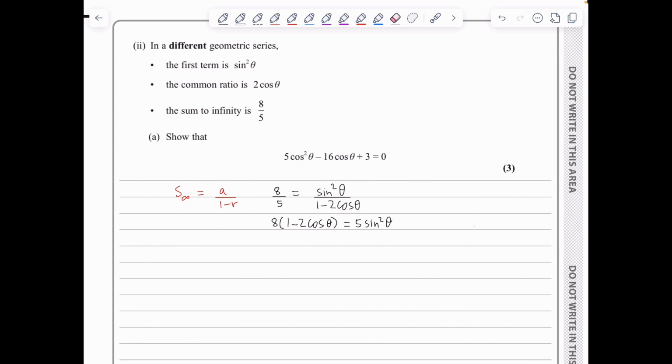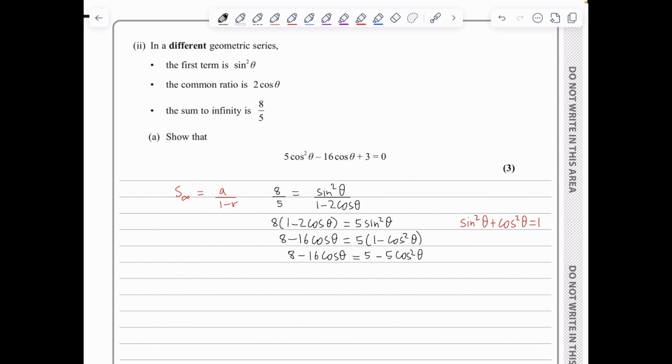Well, we know that sine squared plus cos squared theta is 1. So this leads to expanding the left-hand side to give me 8 minus 16 cos theta, and on the right-hand side, I've got 5(1 minus cos squared theta). So 8 minus 16 cos theta is equal to 5 minus 5 cos squared theta.